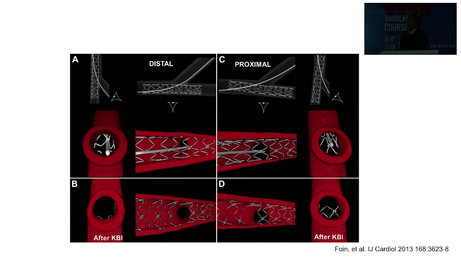So if you enter proximally, when you put the other stent, you will have this metal in here. This part you do not need to be covered. Whereas if you have the wire into the distal portion, this will make this part of the stent go towards the right direction, and actually it can cover the ostium in a way that you will probably not need to do any additional stenting.